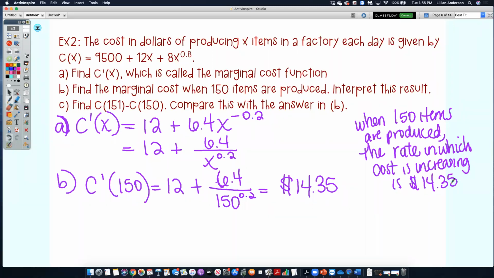And then it also gives them an idea that, okay, if I make 151 items, I'm probably going to be expecting another increase of $14.35. That's what they can estimate, okay? Because according to this function, according to us plugging in 150, that's how much it was when we produced 150 items, right?